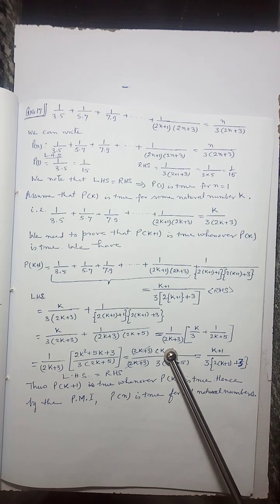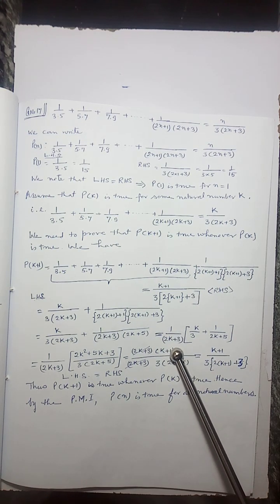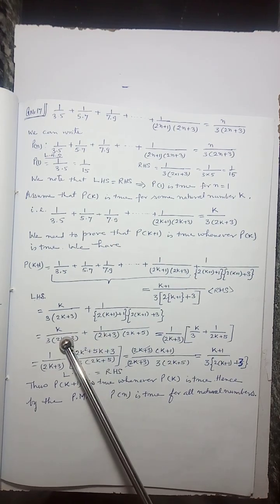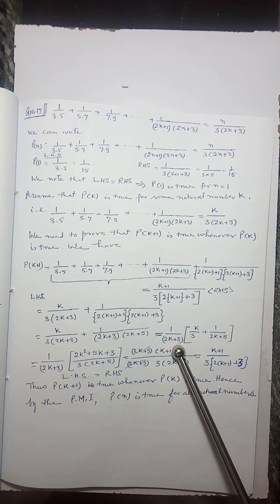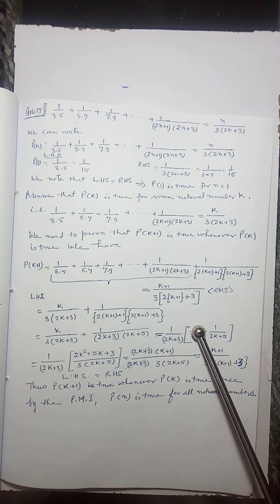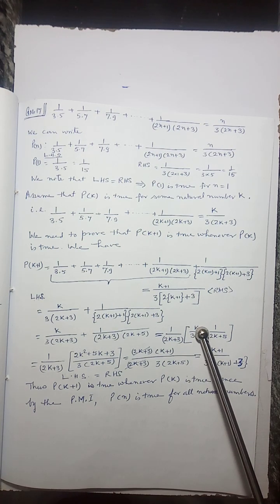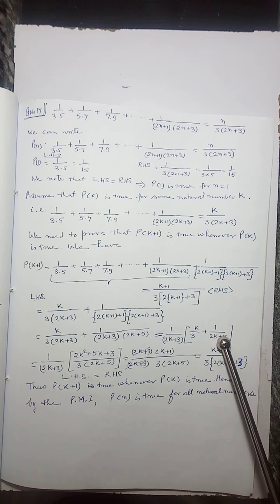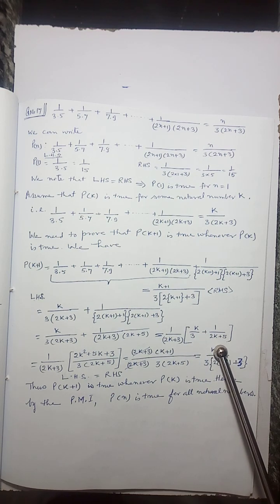Now it will be equal to, I have taken 1 upon 2k plus 3 common, you see here and here. So I have taken 1 upon 2k plus 3 common in the denominator. The remaining part is k upon 3 plus 1 upon 2k plus 5.